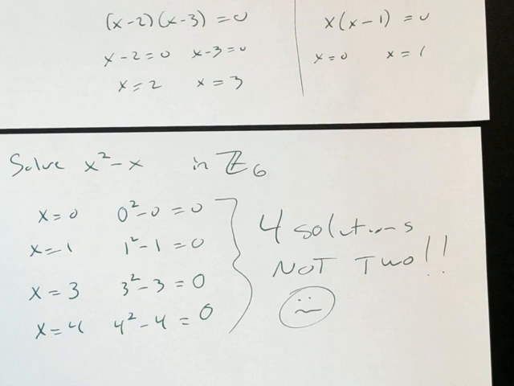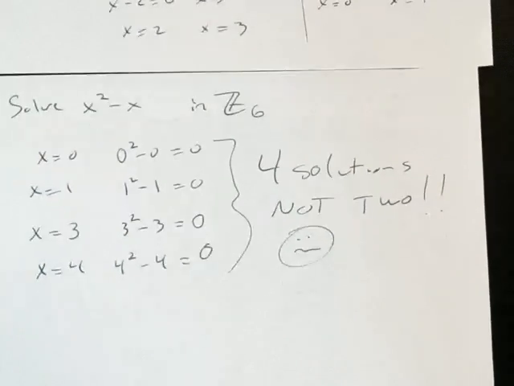The problem is the fact that in Z6, not everything's a unit. Is it possible for that to have more than 4 solutions? Well, the only other two numbers that are available are 2 and 5, right?